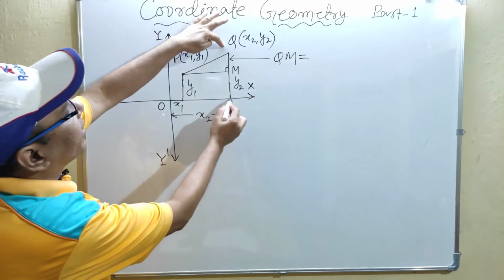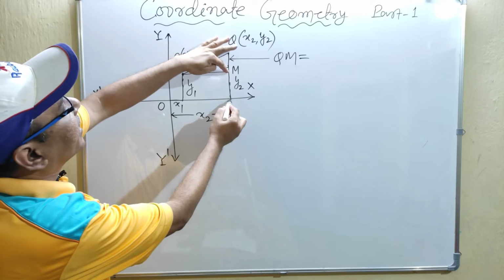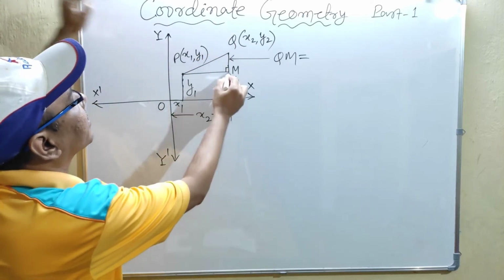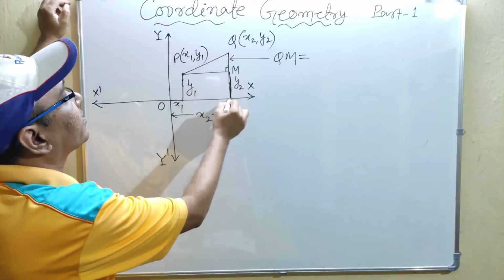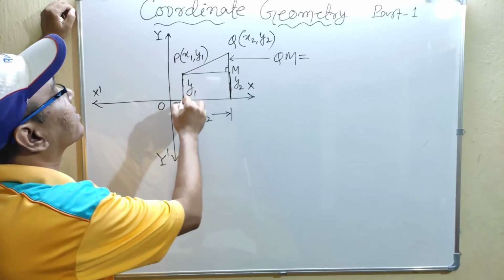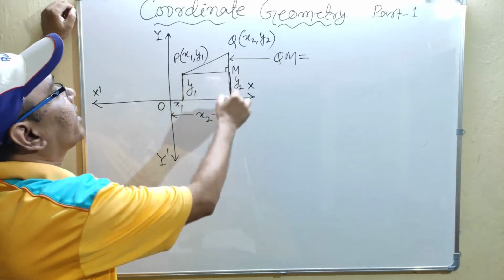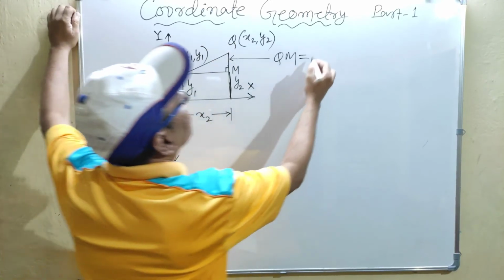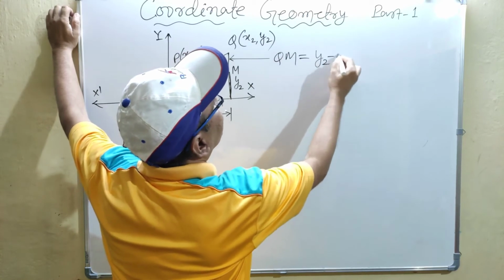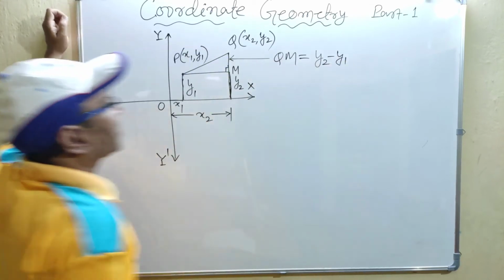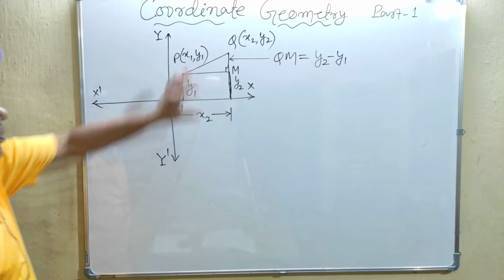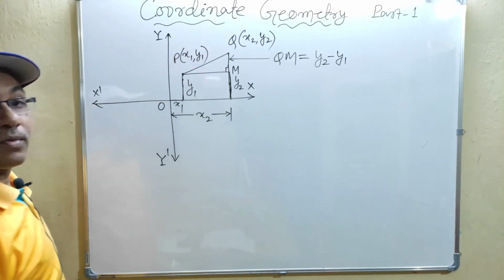This height is y2 and this height is the same as this. This is y1, is it not? Same as this, and this complete is y2. So this height will be y2 minus y1. QM will be y2 minus y1.